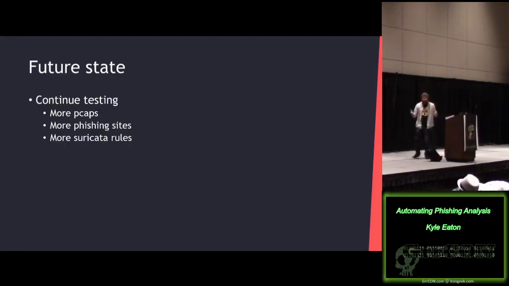URLScan's great, but that's only what people submit to it. If I can get additional data, then we can create more rules and more test scenarios. The more phishing sites we get, the more rules we can create. All of this helps create a better version of the tool. And that's really where I'm at now.